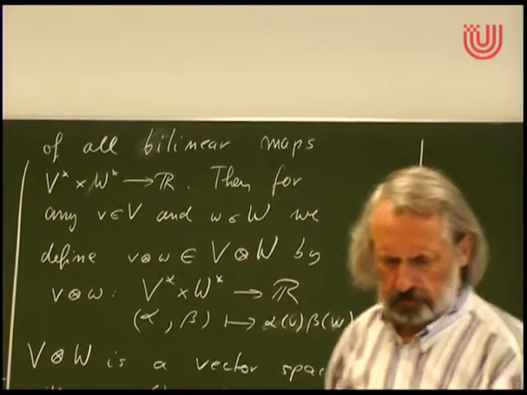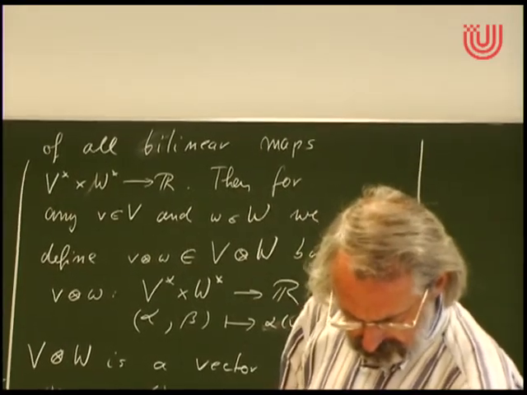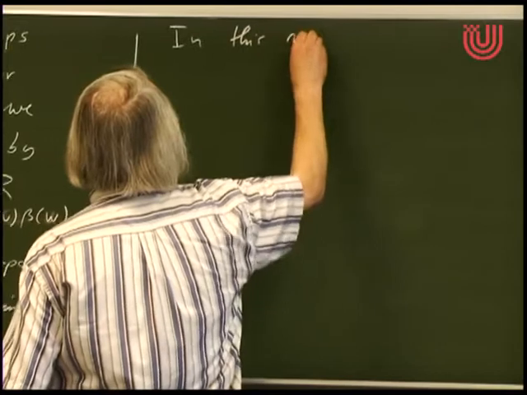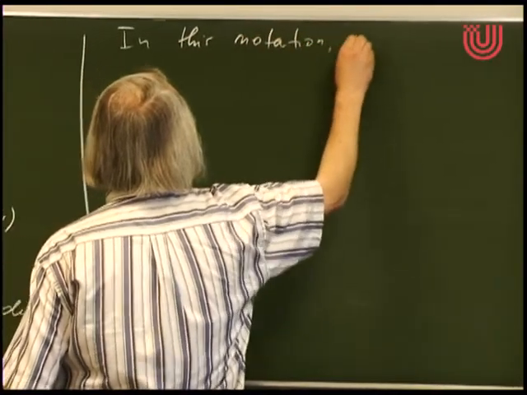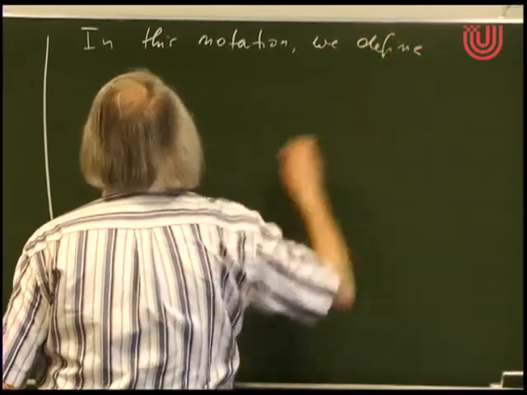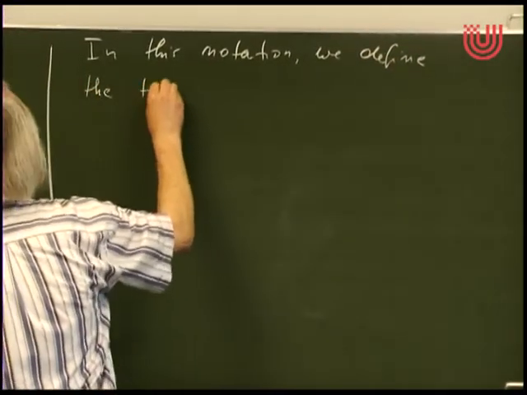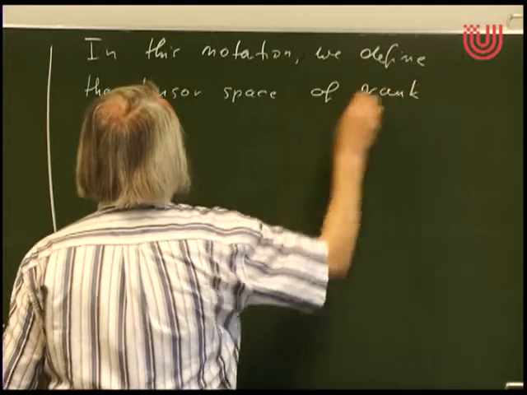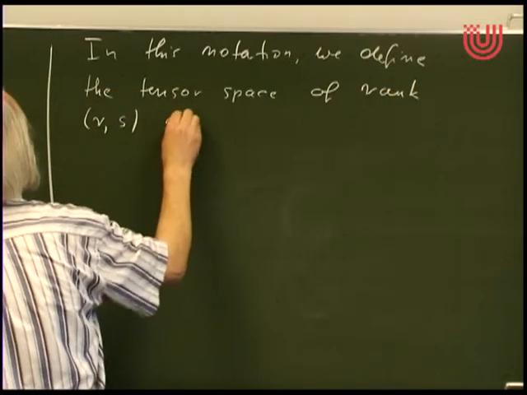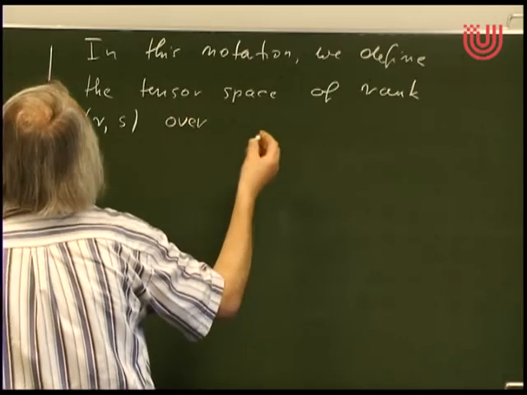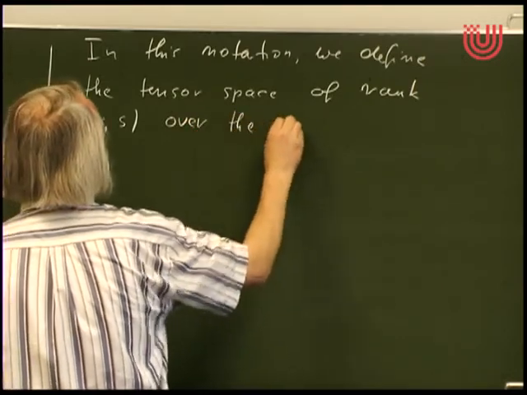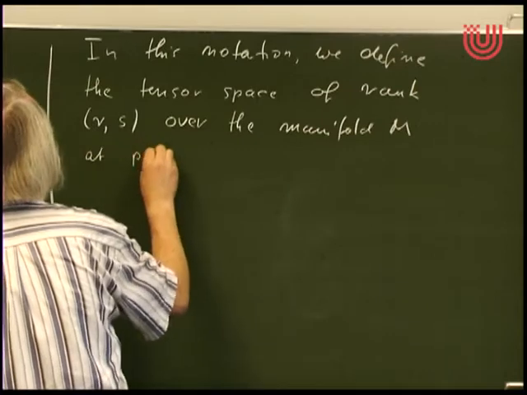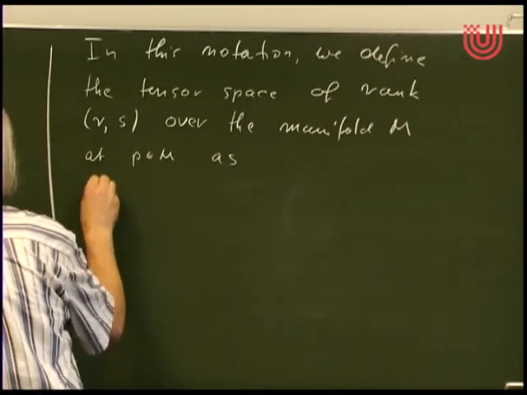So how do I want to denote this? In this notation, we define the tensor space of rank (r, s) over the manifold M at a point p in M. This is usually denoted in this way.